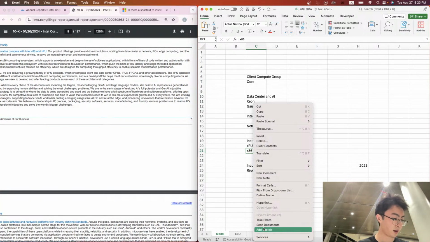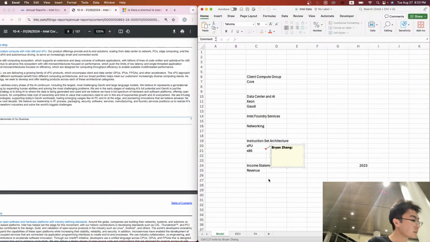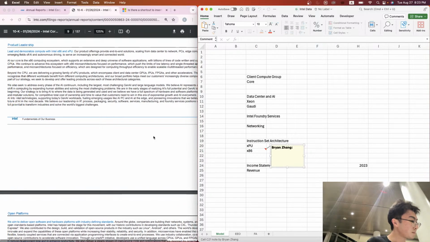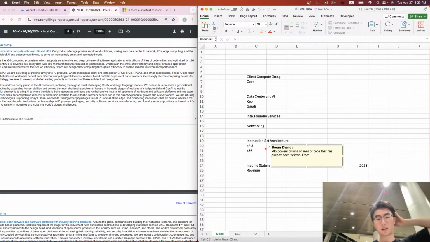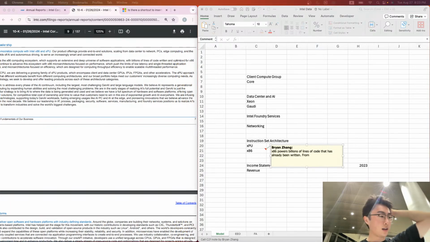I'll make a note here that x86 powers billions of lines of code that has already been written. I don't know if they own it though. Is this x86 architecture something they license, or is it open source?